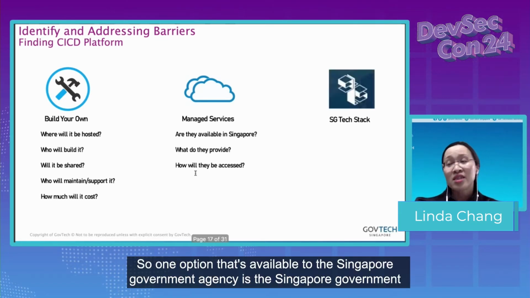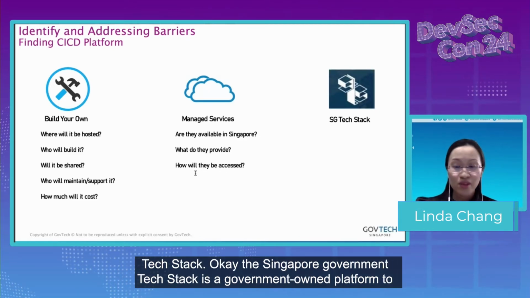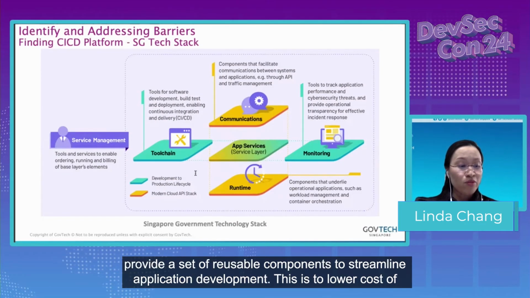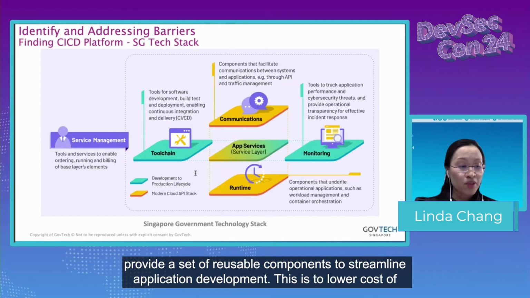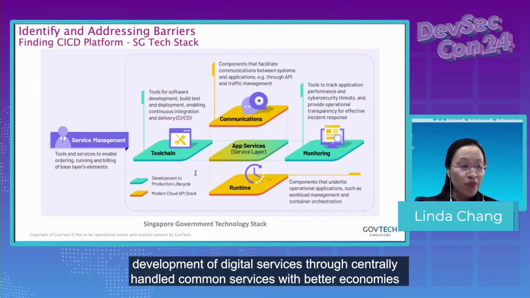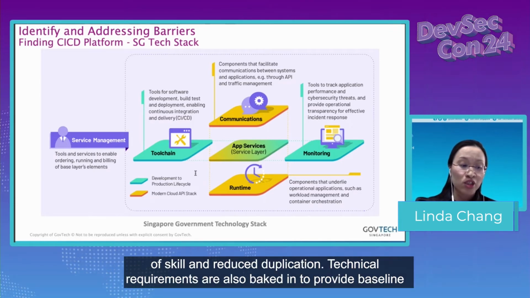One option that is available to Singapore government agencies is the Singapore Government Tech Stack. The Singapore Government Tech Stack is a government-owned platform to provide a set of reusable components to streamline application development. This is to lower the cost of development of digital services through centrally handled common services with better economies of scale and reduced duplication.